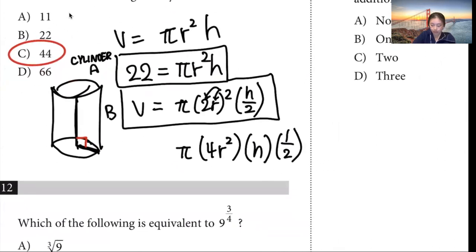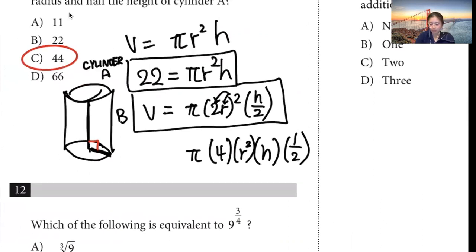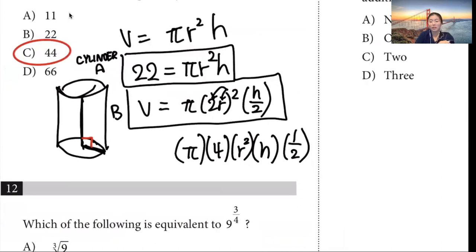So we see it already. Now you see all the elements laid out and expanded. We just need to isolate the pi r squared h. So pi r squared h, and that's going to be 4 times a half, which will be 2.